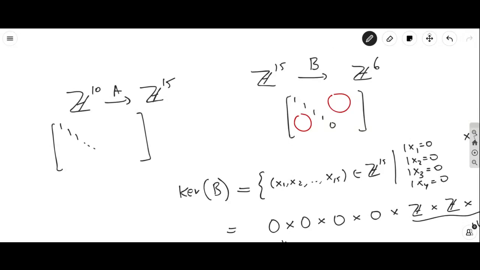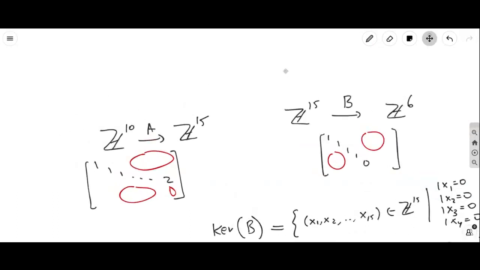We get a 2, and then we have 0 here, and zeros like that. So there's zeros there as well. This is what we end up with as our answer. That's the Smith normal form for that.